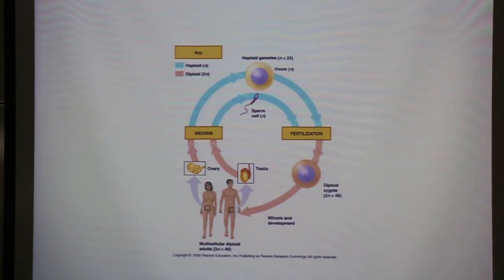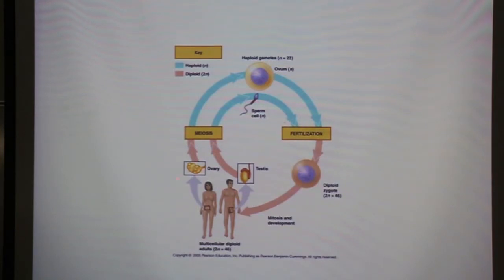In humans, males have testes, and in the testes there are diploid cells that will go through meiosis, copy the information, and end up making a haploid cell. In this case it will be a sperm, which has one set of chromosomes. It has an N value, and the N value is 23.